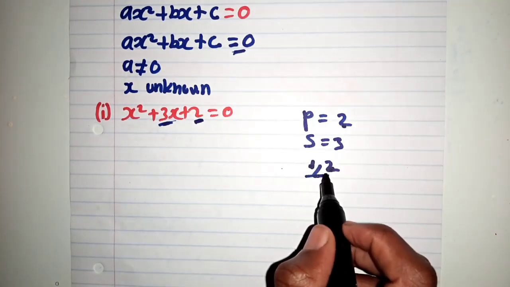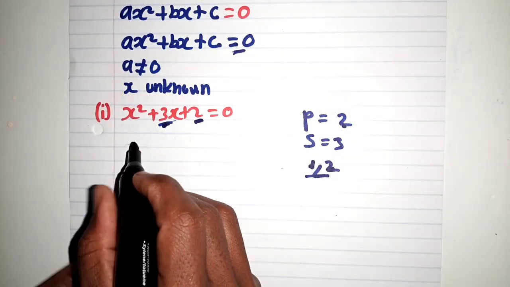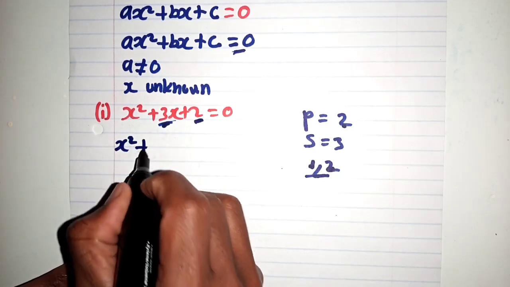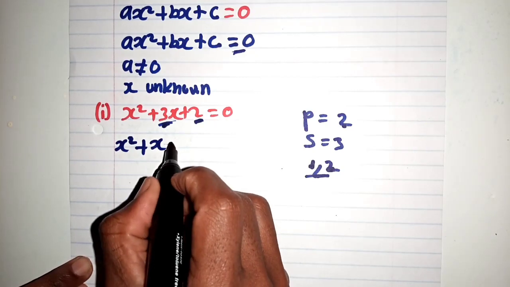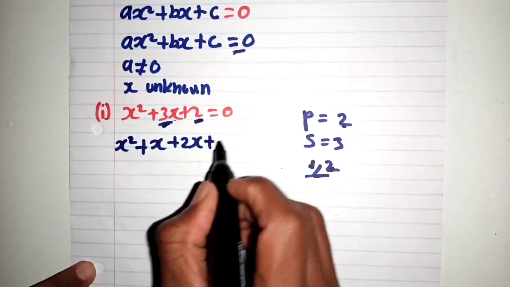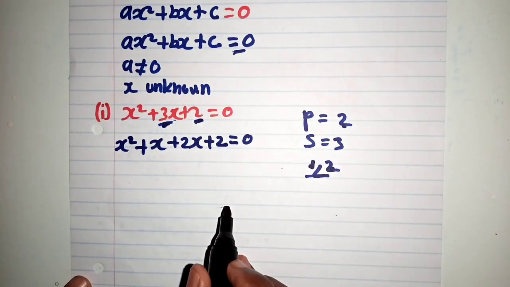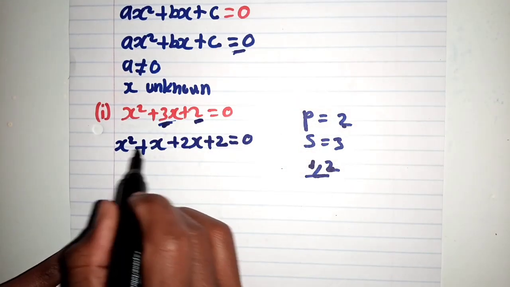So these values are going to replace our mid value here. And we are going to have x squared plus 1x, which is x, plus 2x plus 2 is equals to 0, like that. Then we are going to try and factor out.